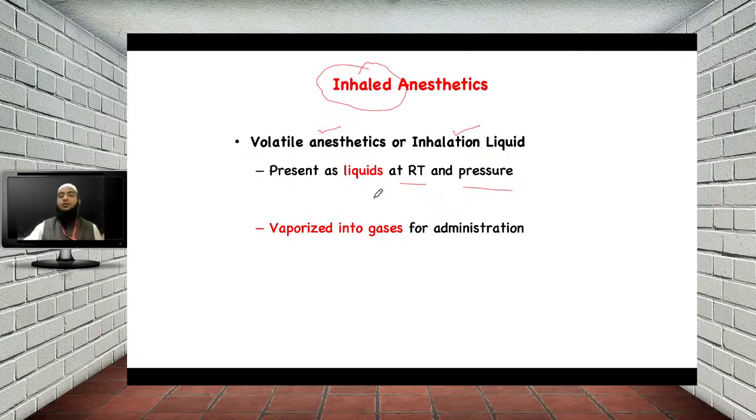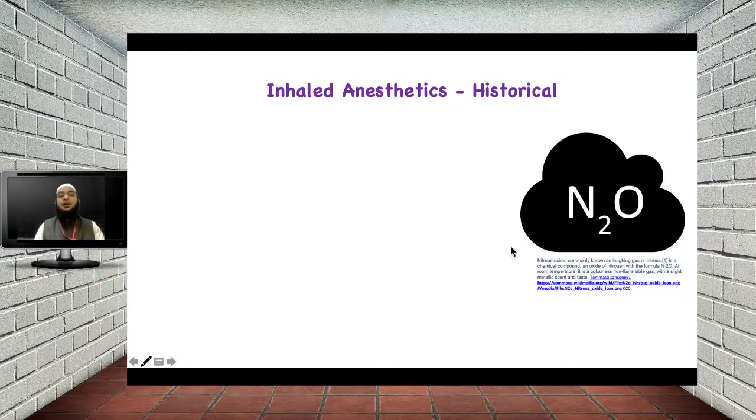If the drug has less volatility, or if it is present as a liquid at room temperature and pressure, then you need to use a specialized vaporizer to convert that liquid into gases for administration through the nostrils. This is the basic part of inhalation anesthetic agents. So you also need a vaporizer in the case of such anesthetic agents.